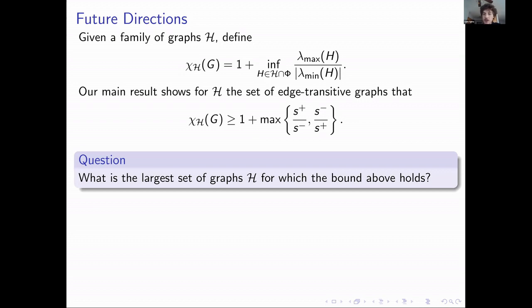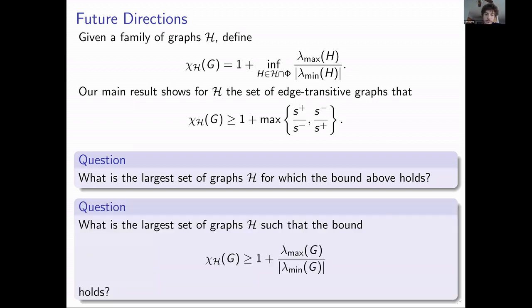More generally, if I give you some bound which holds for the chromatic number or the fractional chromatic number, you could ask what's the largest family of graphs H such that this bound continues to hold. In particular, what's the largest set of graphs H such that this Hoffman bound holds? Again, it holds for the set of Kneser graphs, and it's not immediately clear what else could be. I think that's all I wanted to say, so I'll end the talk.